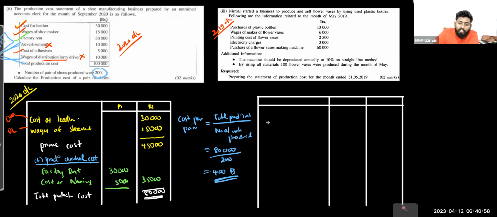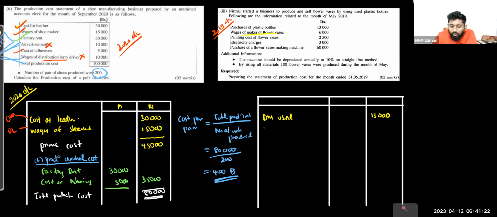So we can straight away say, okay, here. Direct material used, or you can write plastic bottles used, 13,000. Do we have direct labor, guys? Here, wages of maker of flower vases.